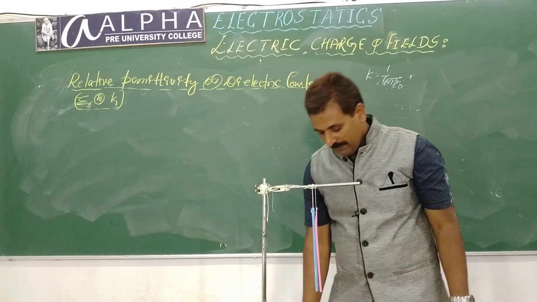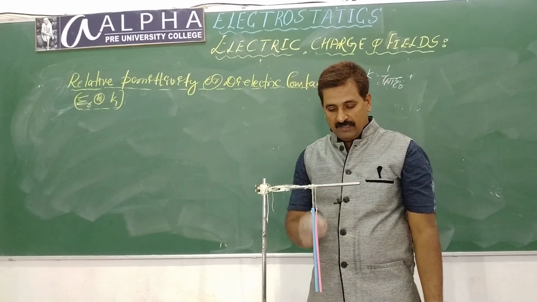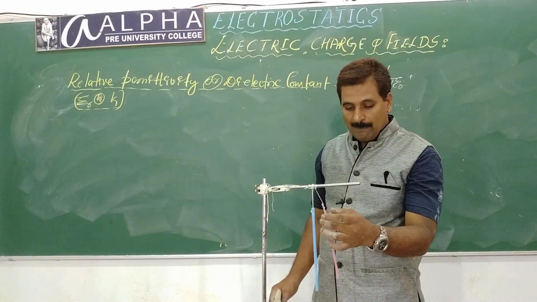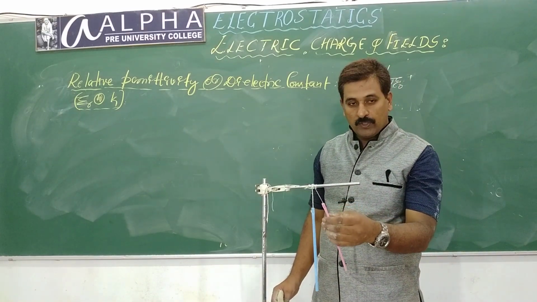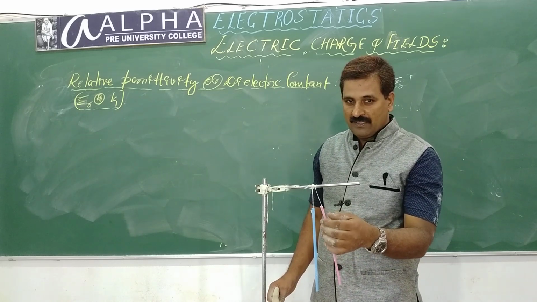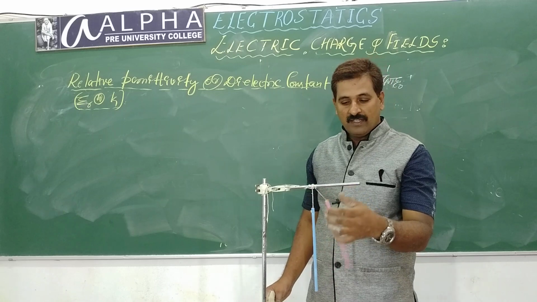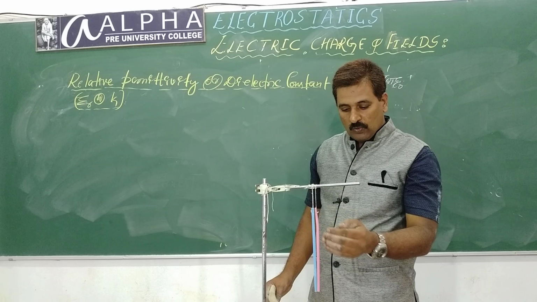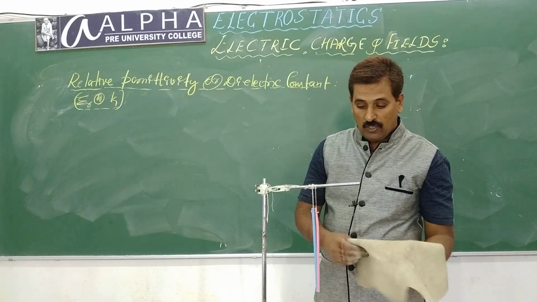Yes, very simple. I will try to show a simple experiment here. See, this is a straw, right? Plastic straw. If I rub plastic with wool, cat's fur, it gets charged. Which type of charges? Recall? Yes, negative charge. And this is also a plastic straw. Now these are very close to each other. I will charge one. You know how to charge.